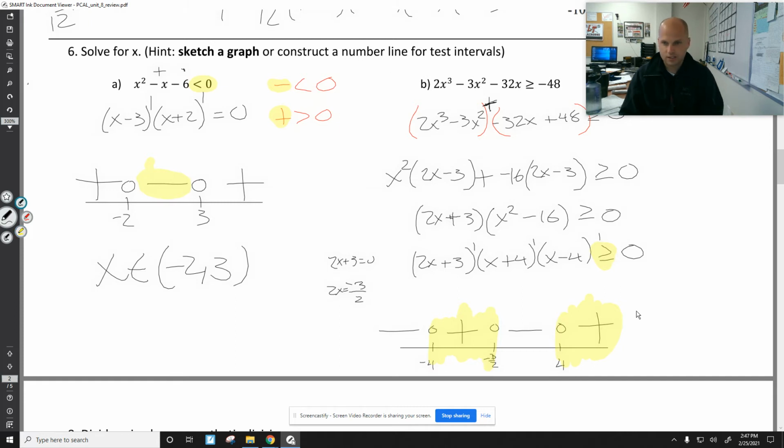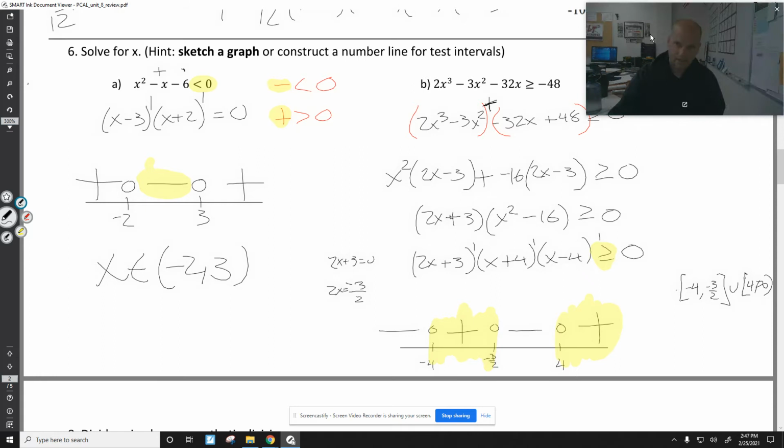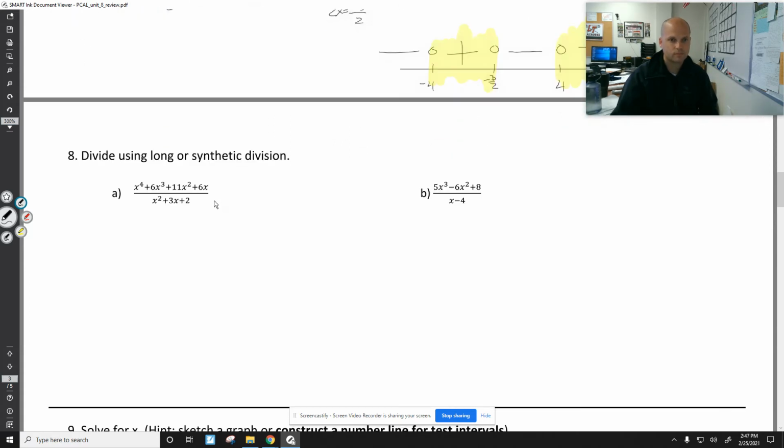So my x's will belong to including negative 4 to including negative 3/2, and then or including 4 going to infinity. If you're not sure what that U means, it just means like or. It's where my solutions are. You don't have to worry about the x belongs to either. You just get the correct interval. Notation is not uber important.